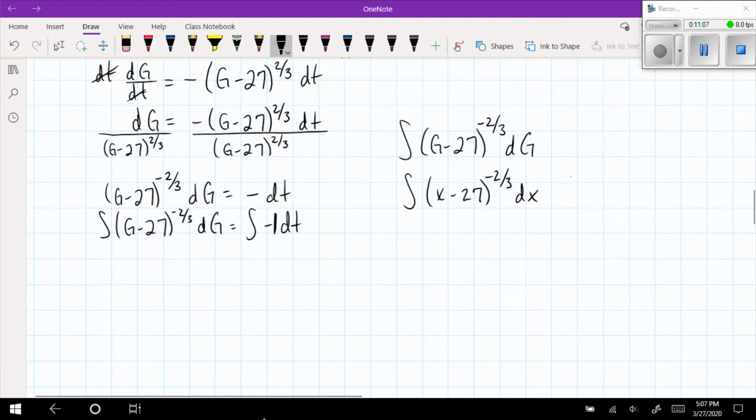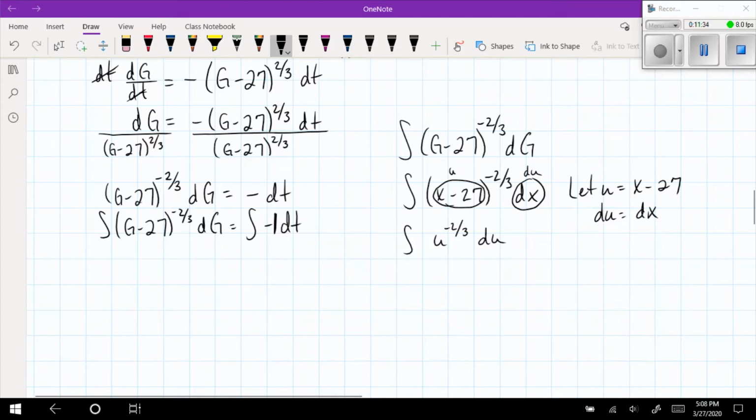So I'm going to go to the side here and I'm going to say let u equal x minus 27. And that means my du is just plain old dx. So this integral becomes u to the negative 2/3 du. This is my u and this is my du.